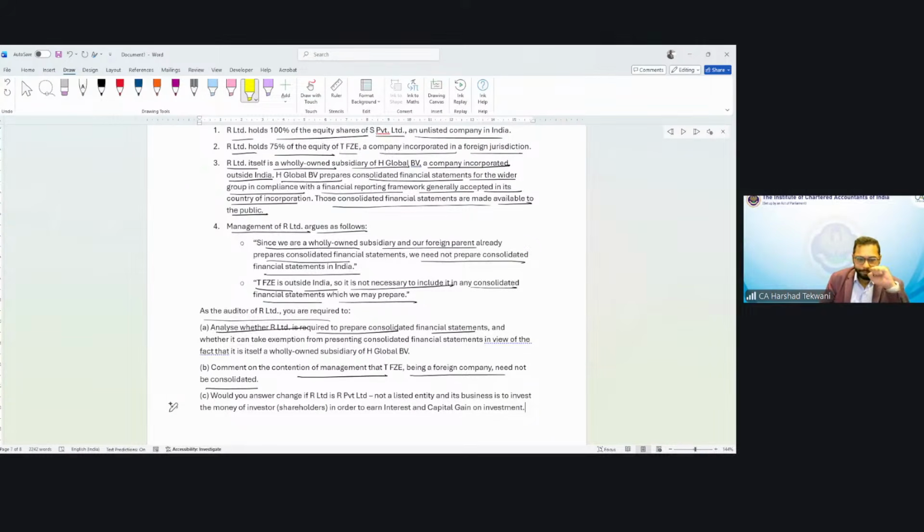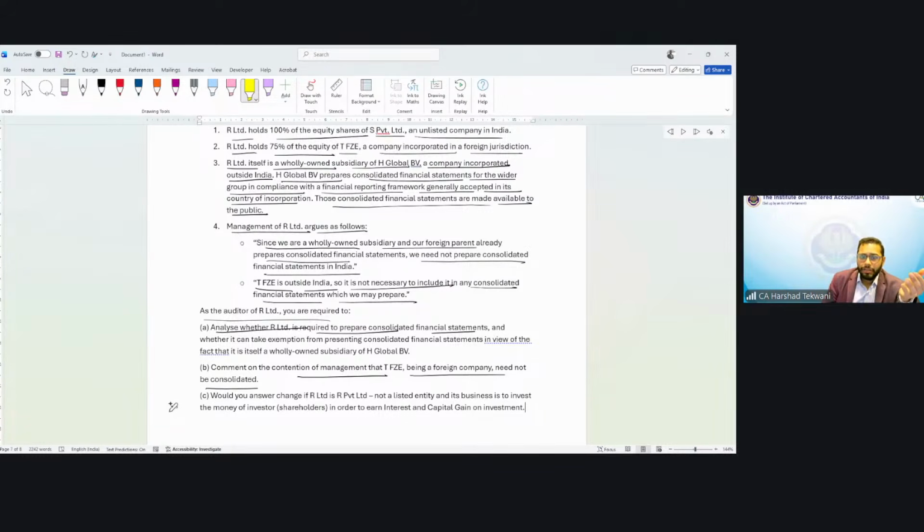Now see, the point here is, in this particular case, we need to understand what is the requirement with respect to the investment entity, whether investment entities are required to prepare or not. Okay. So a parent entity that is an investment entity is not required to present consolidated FS.